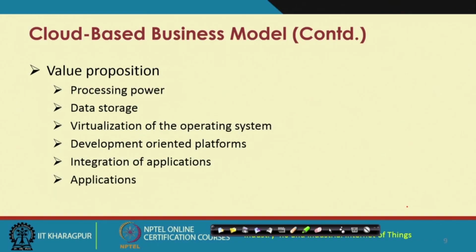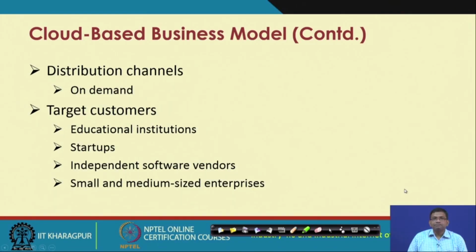So, different applications and their integration, software as a service. These are the different value propositions in the cloud based business model. For distribution channels, in the cloud based business model, we are talking about on demand. Whenever computational resources like infrastructure, software etc. are required, on demand these are going to be offered to the customers.